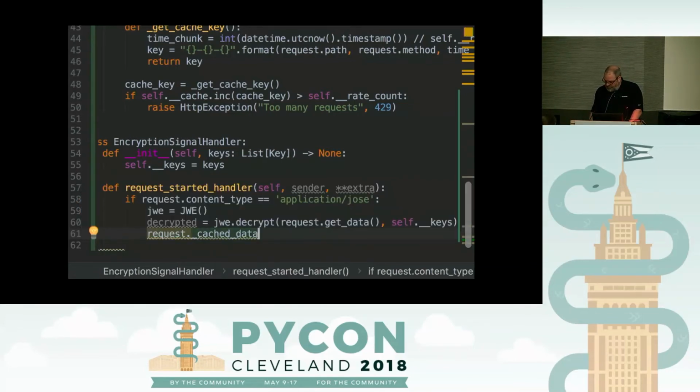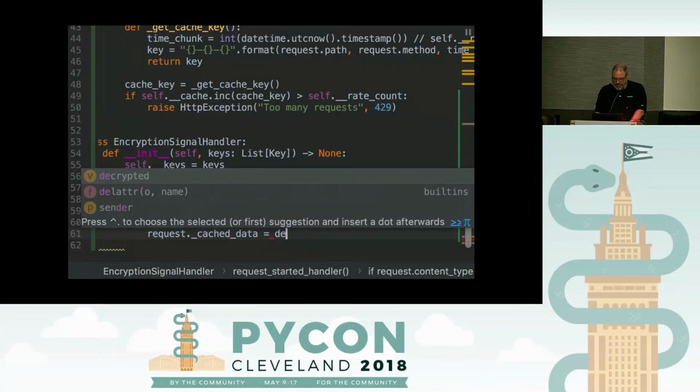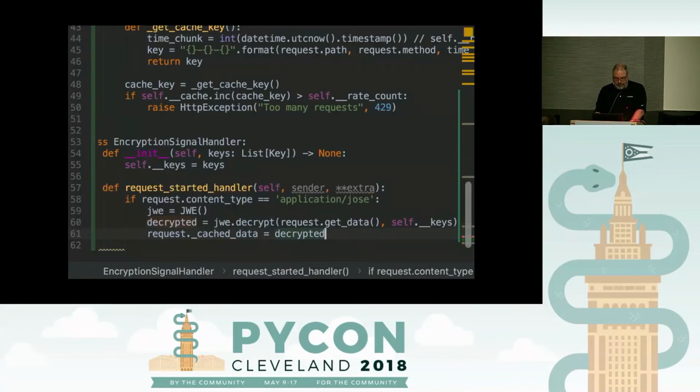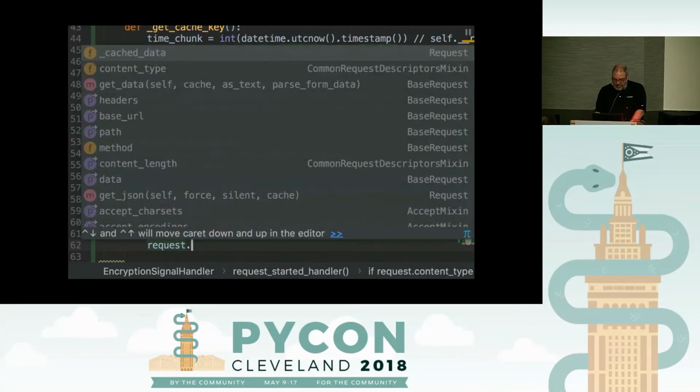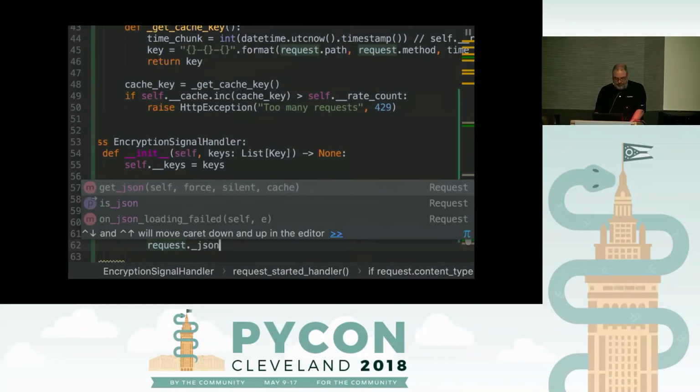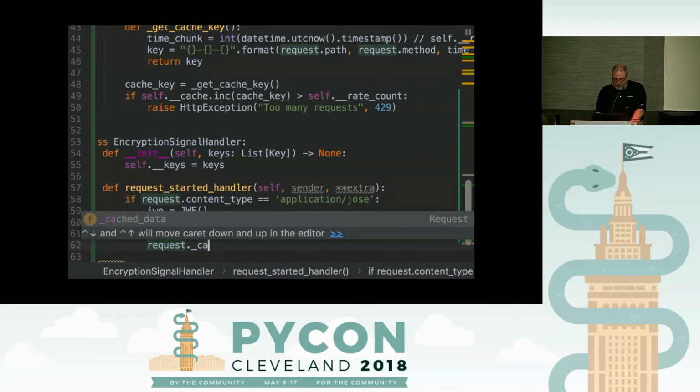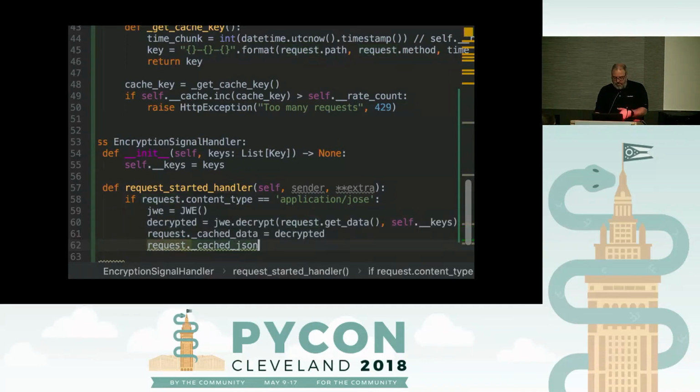So what we're going to do is set the decrypted value. Cache data equals decrypted value. And then we also want to set request cache JSON as JSON loads decrypted data.